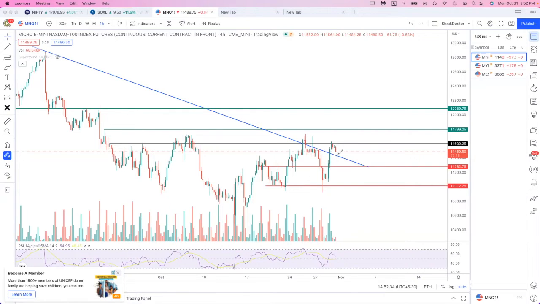After giving a breakout, it is trying to test that breakout, and it can go till 11,300, because you can see 11,282 is the first support. So my assumption is either it can come till this point, or somewhere between this area, 11,400 to 11,250, and then again it can reclaim if it's a real upside.